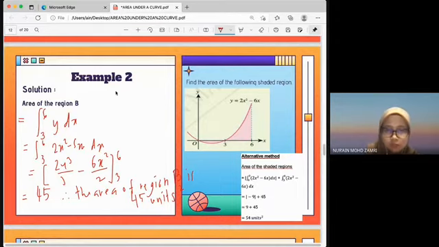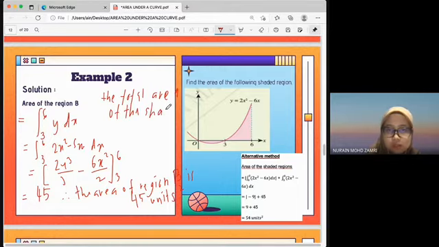Okay, so that's the area of region B, and then you can sum up the areas of the shaded regions. So the total area of the shaded region?